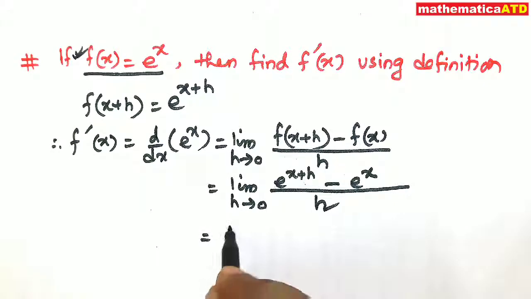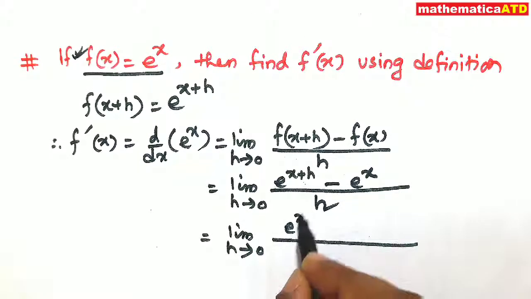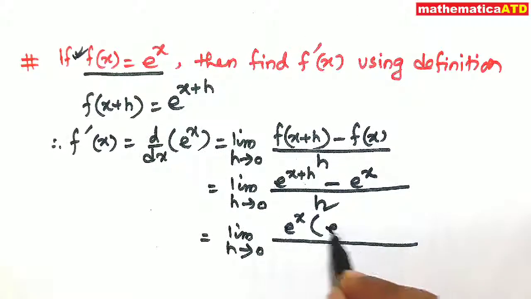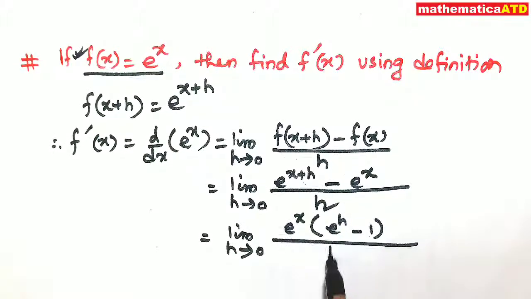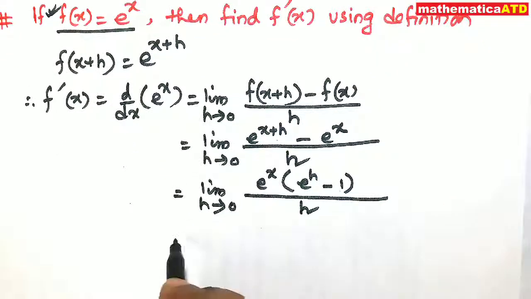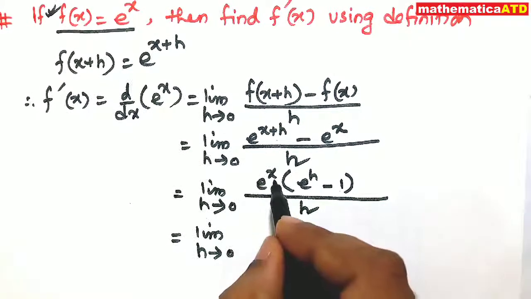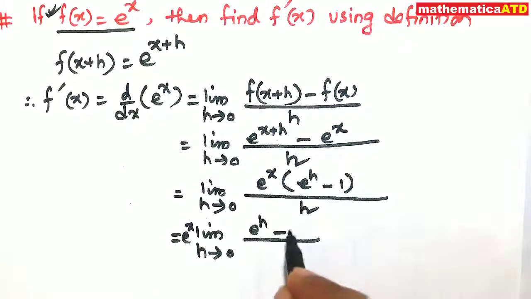Now friends, limit h tends to 0, we can take e to the power x common. So we take it here, e to the power x, and in bracket e to the power h minus 1, whole divided by h. Now we can write this as limit h tends to 0, e to the power x is outside of this limit, [e to the power h minus 1] upon h.